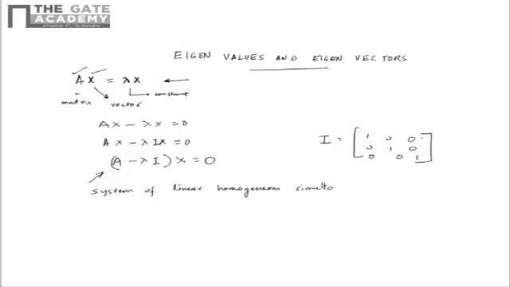As we have learned in the solution of equations, this is a set of simultaneous linear equations which are homogeneous. Why homogeneous? Because the right hand side is 0.